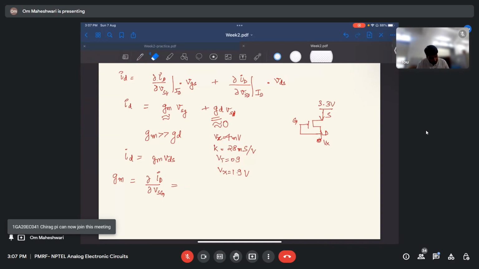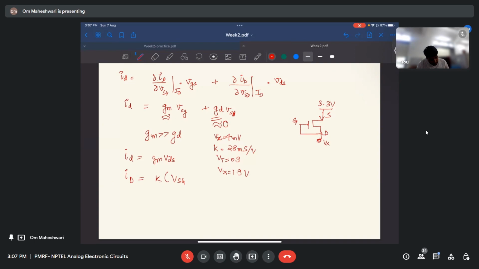What is ID? ID equals K times (VSG minus VTH) whole square, right? Del ID by del VSG, this is GM, the transconductance, equals 2K. Okay, it was minus, right? Minus 2K times (VSG minus VT).